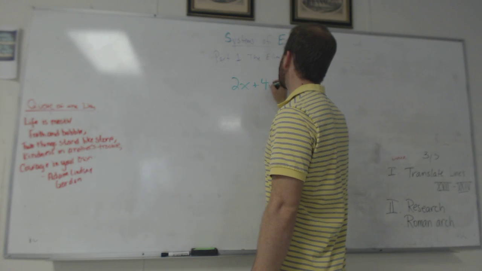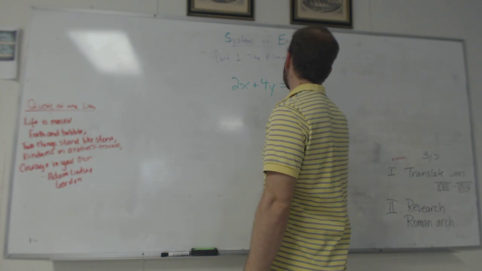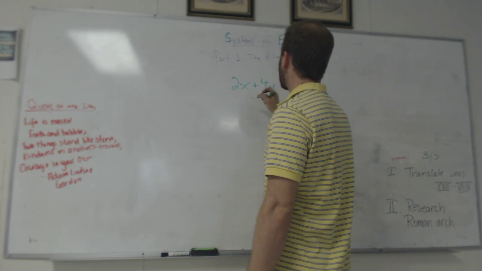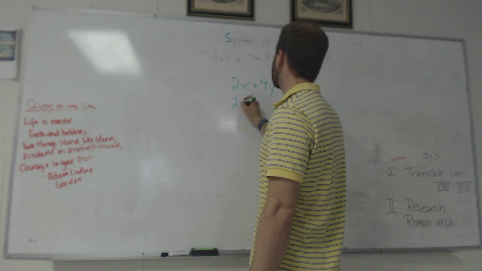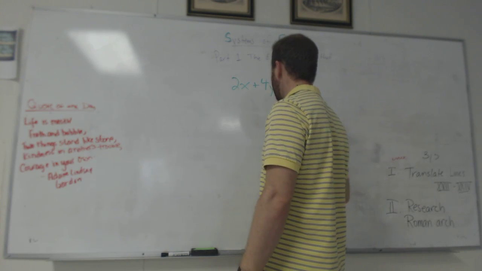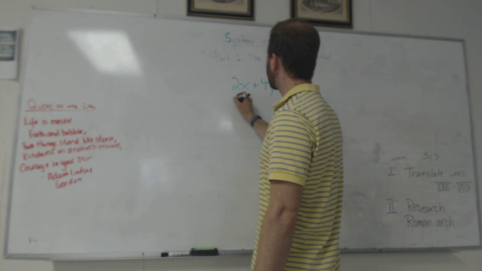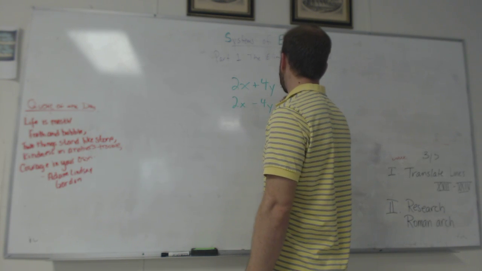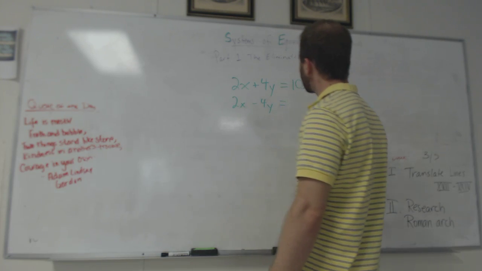2x plus 4y equals 10, and then 2x minus 4y is going to equal.